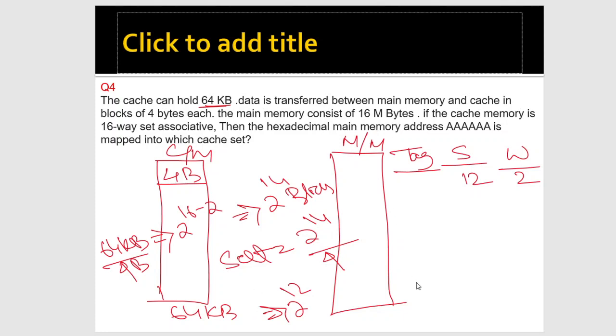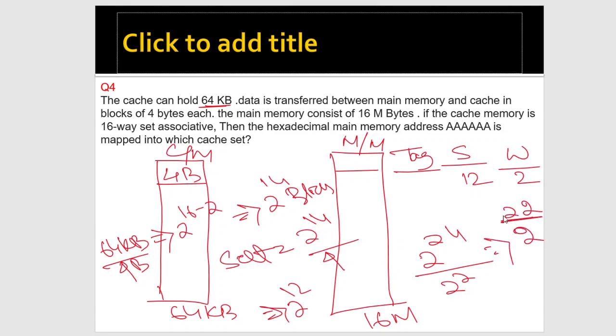Main memory contains 16 million bytes, and block size is 4 bytes. So the number of blocks is how much? 16 million means 2 to the 4, M means 20, so 2 to the 24 by 2 to the 2, which is 2 to the 22 blocks. And this is S plus W in the case of cache. 22 minus 12 gives 10. Clear?